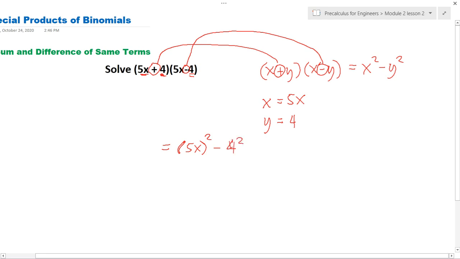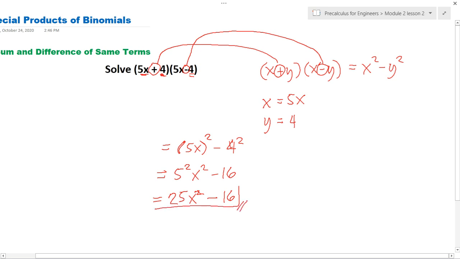So here, simplify further using your exponent law, yung distribute mo yung 2 sa 5 tsaka sa x. So you have 5 squared times x squared minus 4 times 4. So we have 16 here. Then our 5 squared is equals to 25. Then x squared. So, meron tayong x squared dito minus 16. So, ganito lang yung final answer mo.